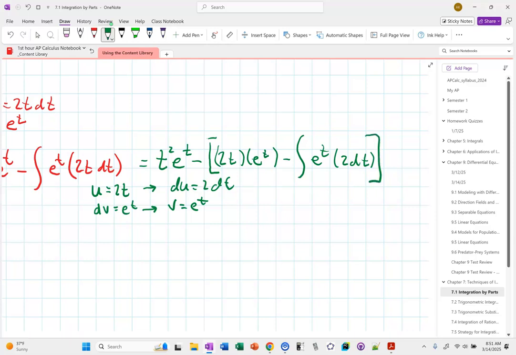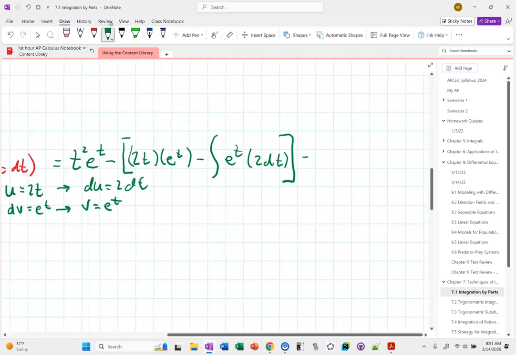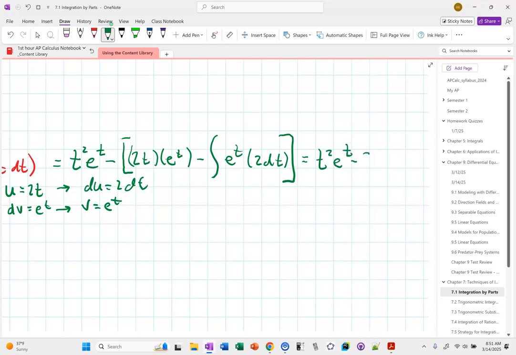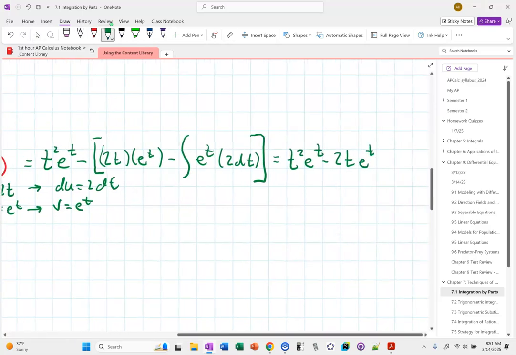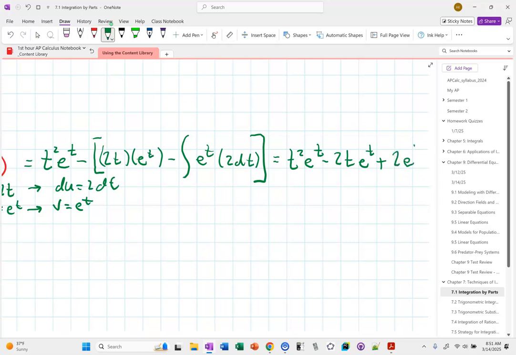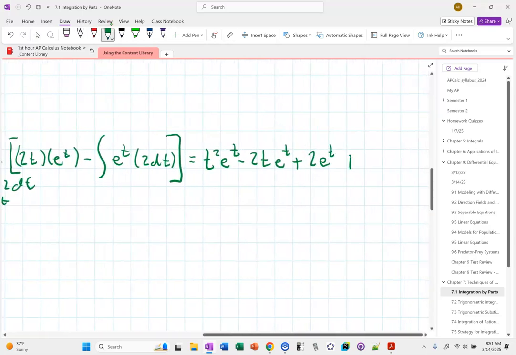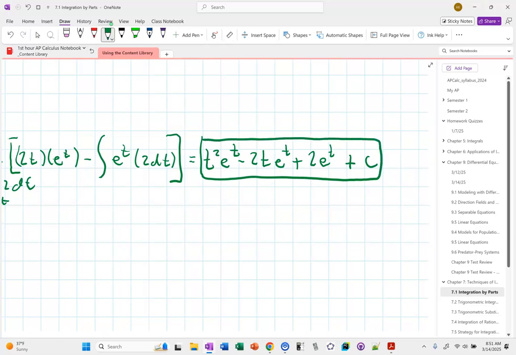And now that integral that I'm left with is certainly doable for us, right? What's the integral of 2e to the t? Still just 2e to the t, right? Does that feel okay?